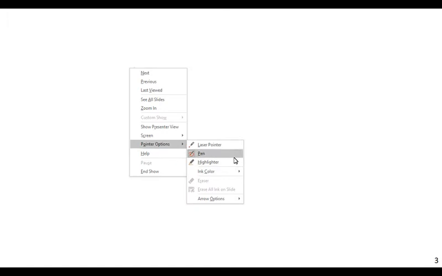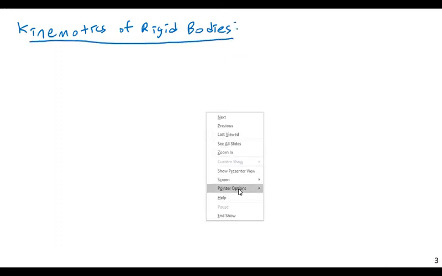Okay, so let us define kinematics of rigid bodies. We've discussed what rigid bodies are, and we've discussed what kinematics is in the past. Maybe I'll just bring it all together here. Kinematics of rigid bodies.